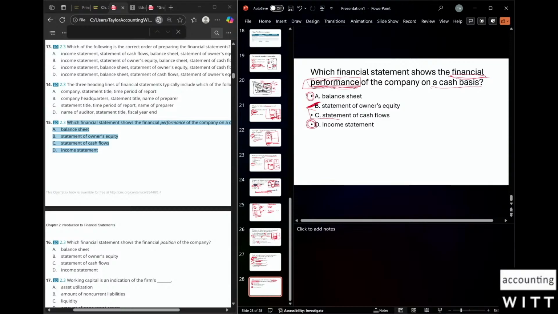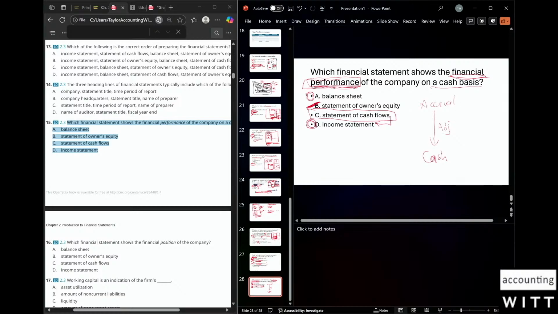I think you could argue that C always is going to show you the cash basis income, because it's taking accrual and adjusting it down to cash by showing you how you could arrive at cash basis from accrual by showing you the adjustments.